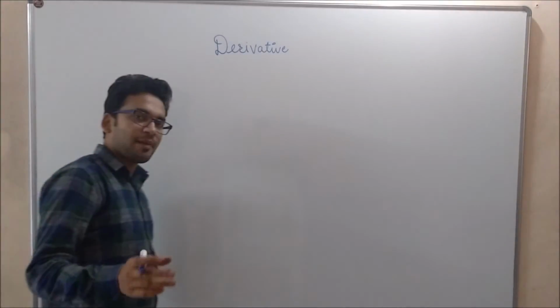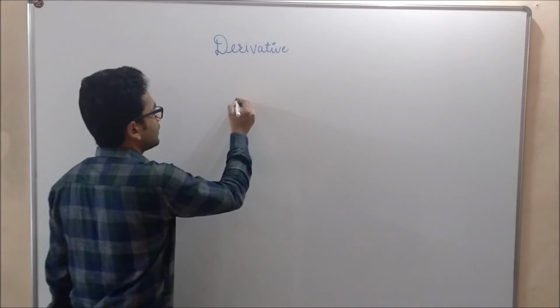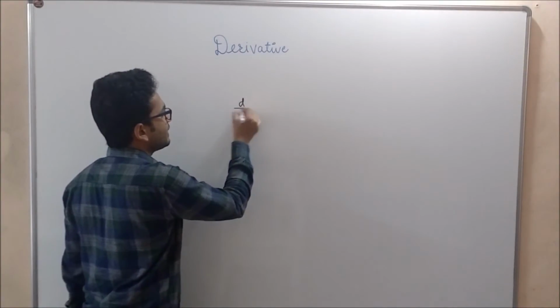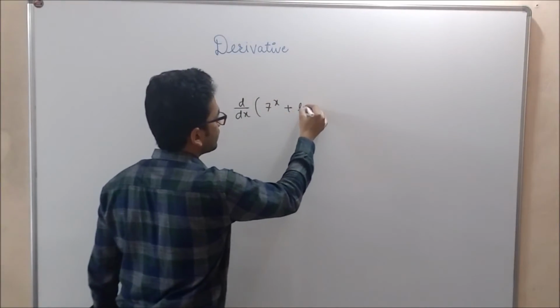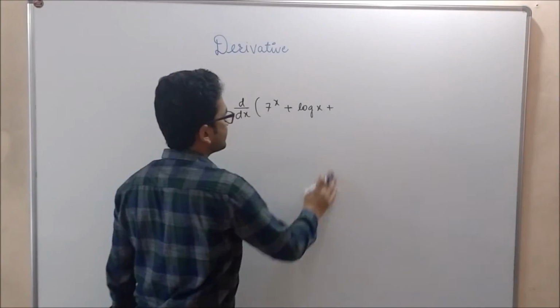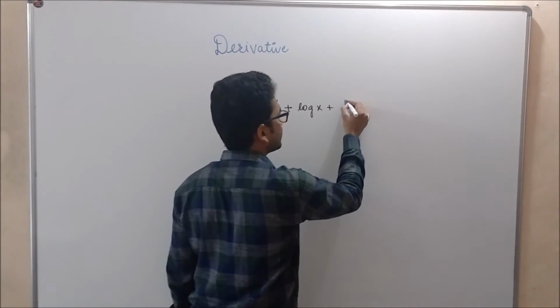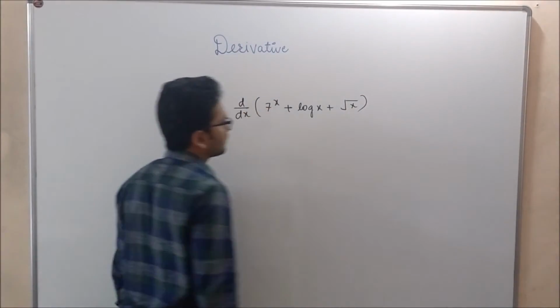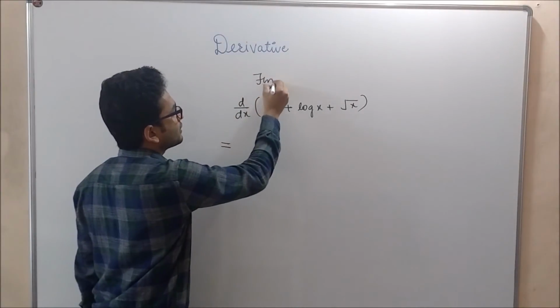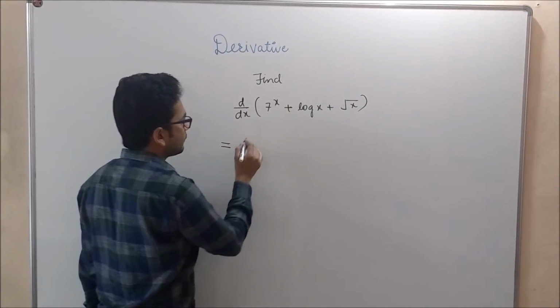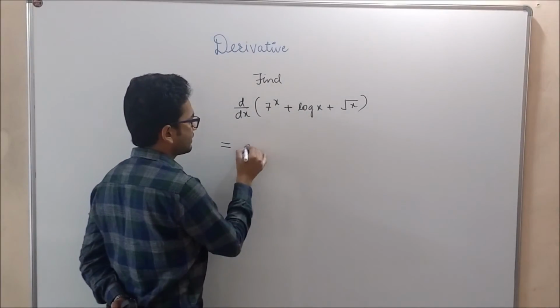Now let us take an example based on these 6 formulas. We need to find the derivative of 7 raised to power x plus log x plus root x. What will it be equal to? The question is find. So we'll do one thing. First we'll open the brackets.